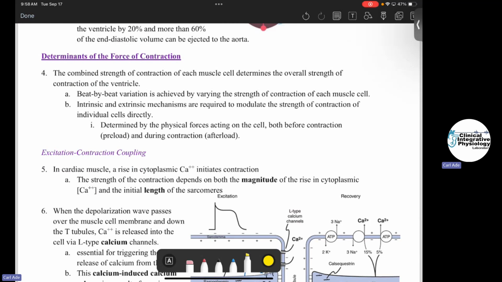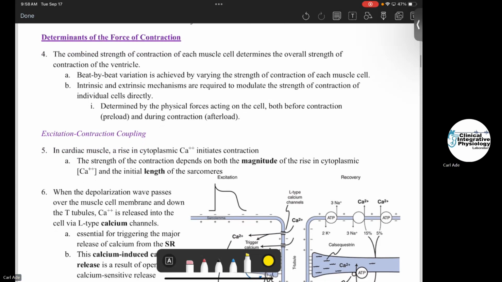This is where overlap happens between here and previous lectures. So it should make really easy exam questions. We know we have to have an action potential, and that's going to play a role in the release of calcium. But what goes beyond that a little bit? The combined strength of contraction, how strong we get that radial, longitudinal, circumferential shortening, the strength of that contraction in each cell determines the overall contraction of the ventricle.